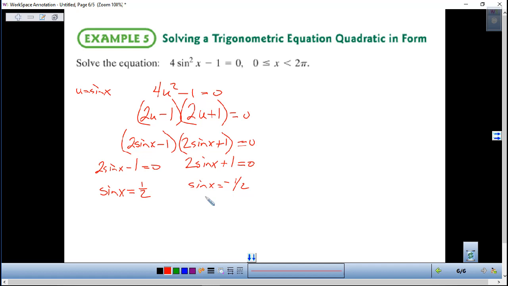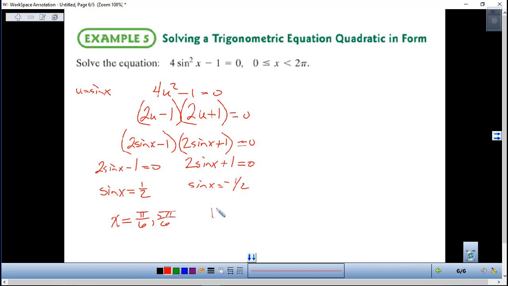So I'm looking for all values on the unit circle that are going to give me a sine value of 1/2. So the ones with a positive, remember those are quadrants 1 and 2. So that's going to be the pi over 6's. We're going to have pi over 6 and 5 pi over 6.